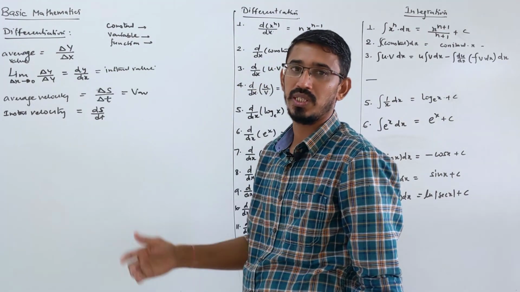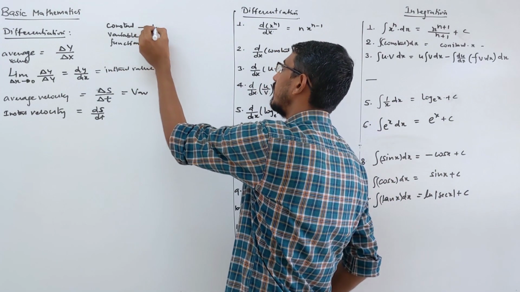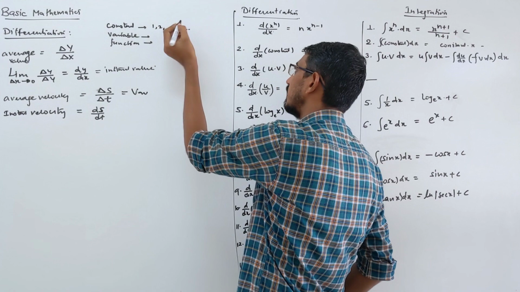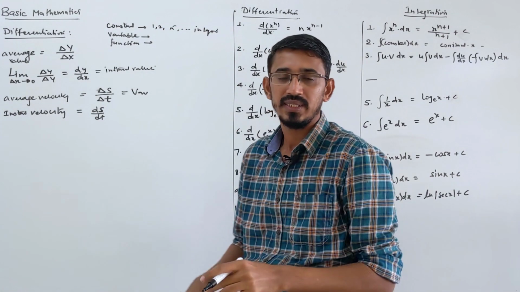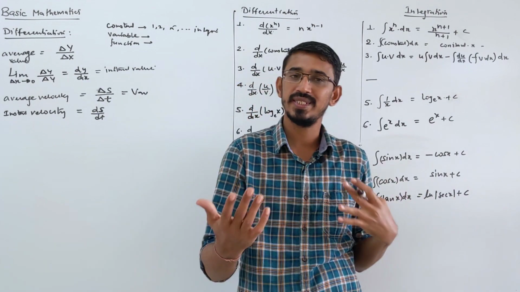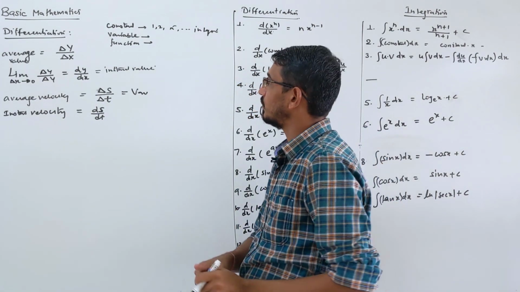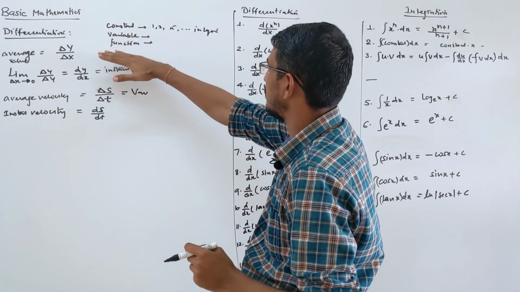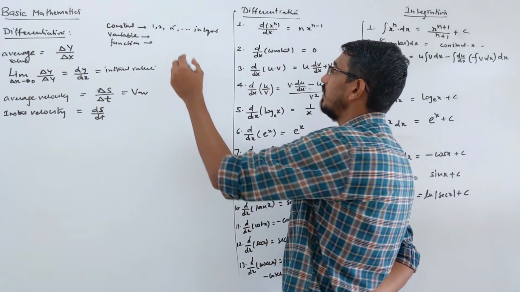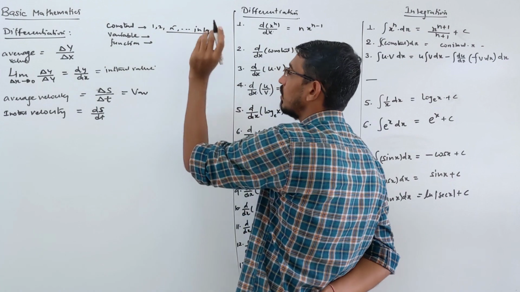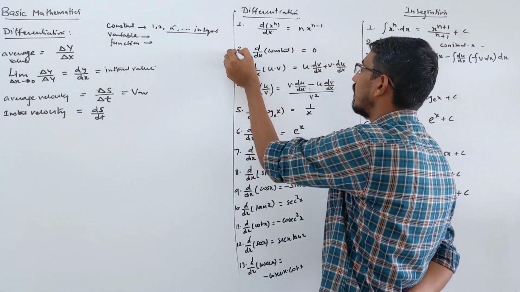So all the numbers like 1, 2, 3, pi and these things are constants. When you differentiate a constant, the answer is always 0.